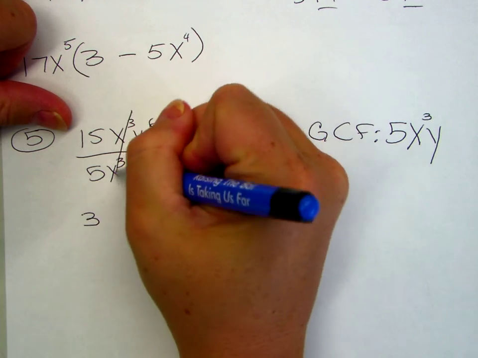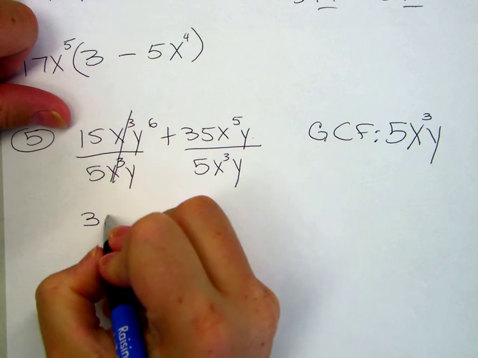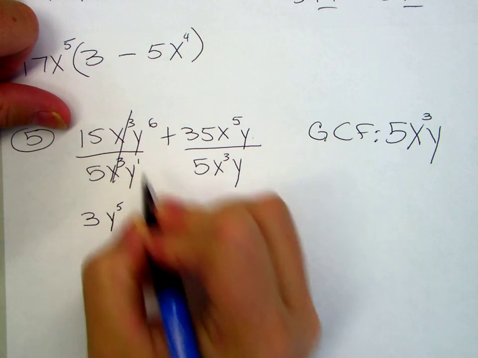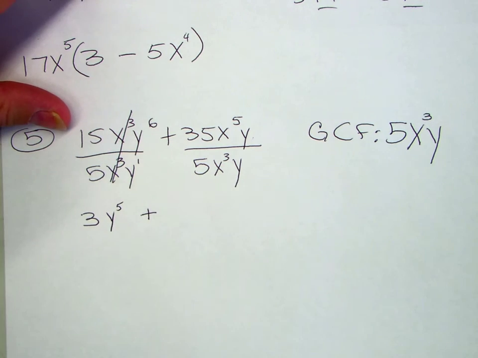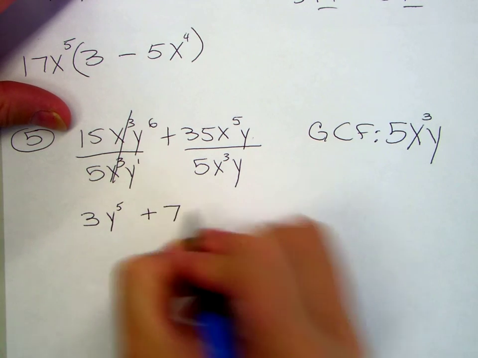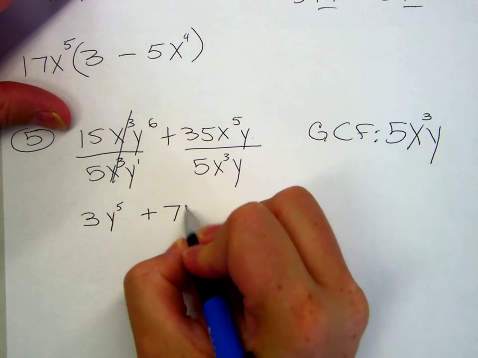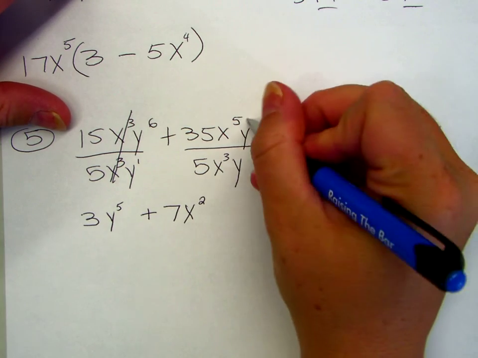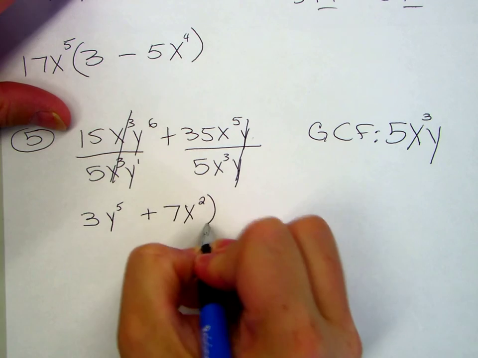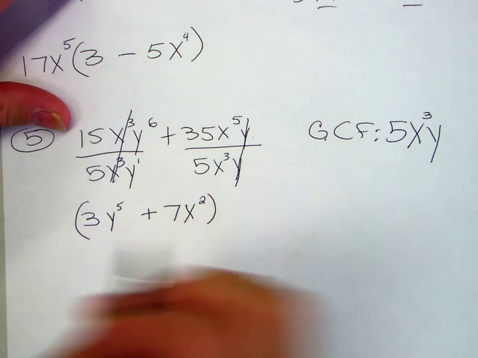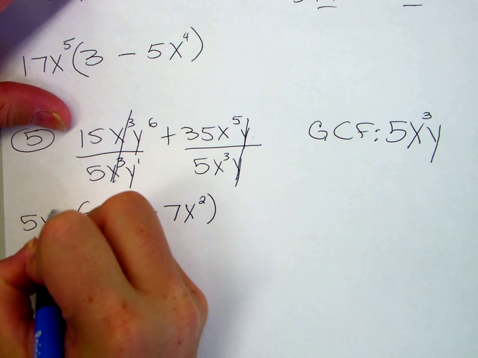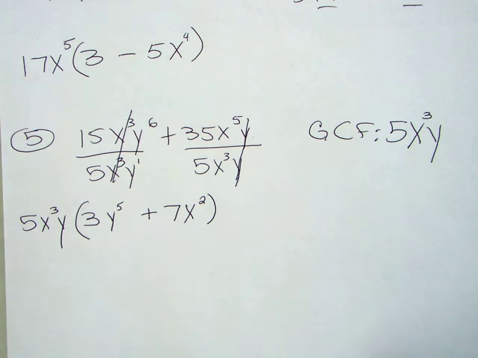These x's canceled out. Y to the fifth, remember there's a 1 there, subtract, plus 35 over 5 is 7. 5 minus 3 is 2. And these y's cancel out. Parentheses, put your GCF on the outside. And we're done. That's the answer.